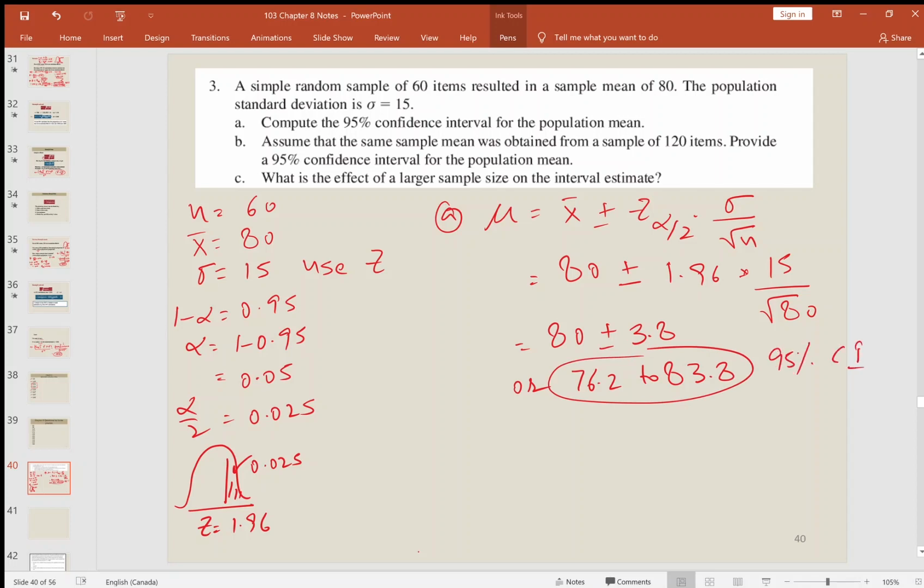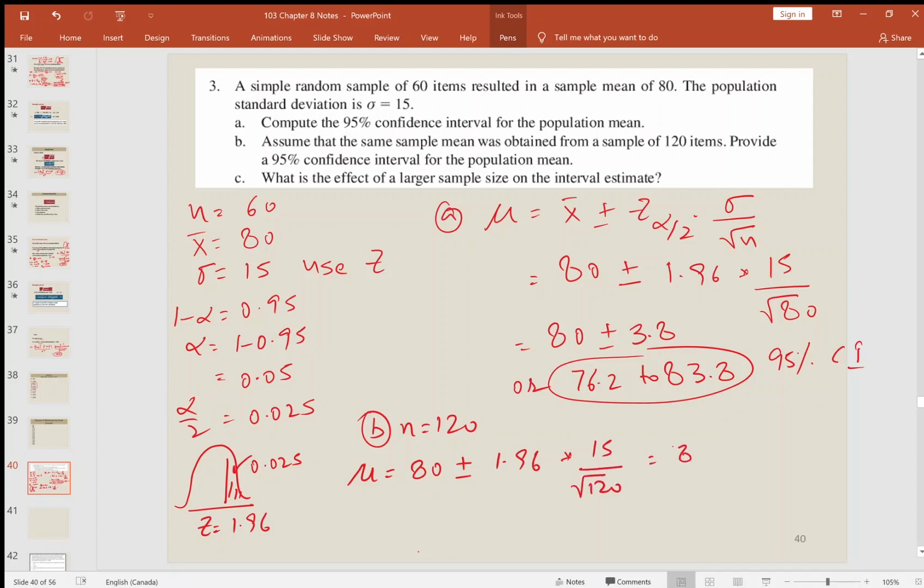Okay. Part B, assume that the sample mean was obtained from a sample of 120 items. So now in part B, the only thing that has changed is the sample size. Now sample size has gone up to 120. So let's see what happens to the margin of error and to the interval estimate. Again, we'll use the same formula. Mu is equal to 80, the sample mean, plus or minus 1.96 times sigma, which is 15, divided by square root of 120.